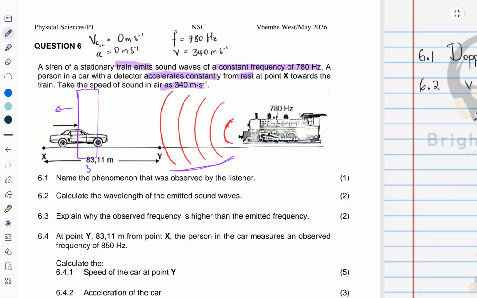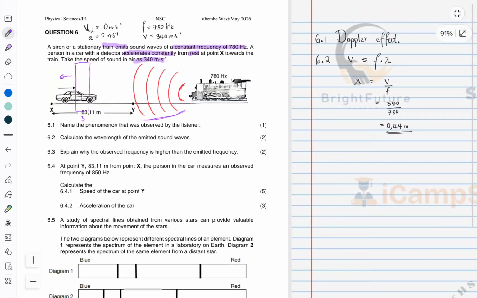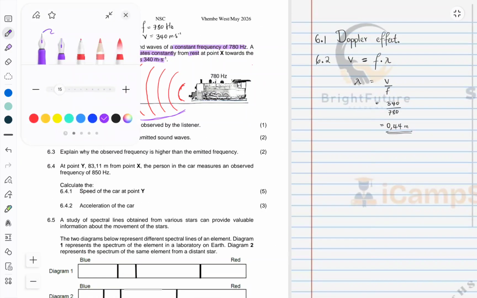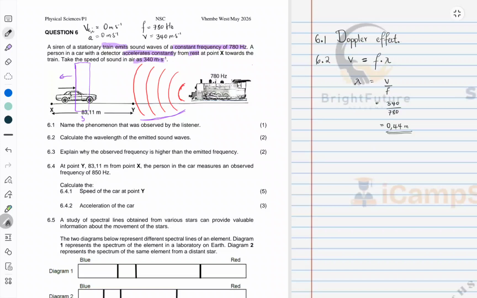So that's how the observed frequency works. Put in simple terms, we would say that the reason the observer observes a higher frequency is because as the observer moves towards the source, they encounter more wave fronts per second. And remember, more wave fronts per second means a higher frequency. So this causes the observed frequency to be higher than the emitted frequency.